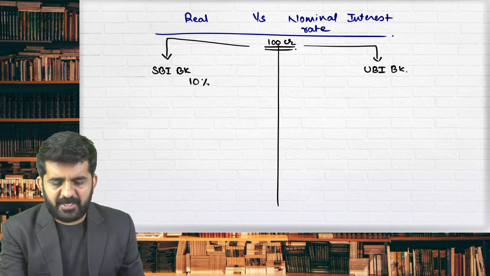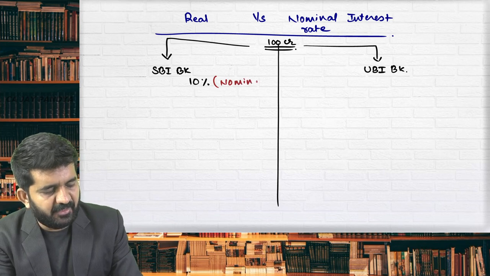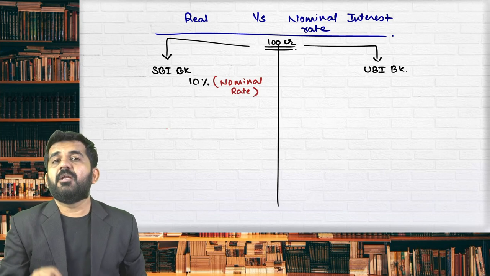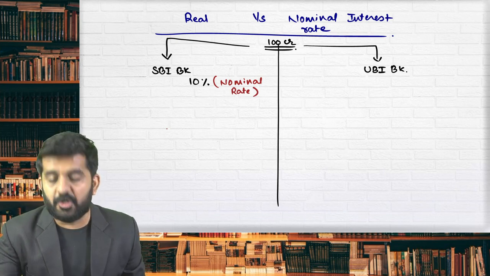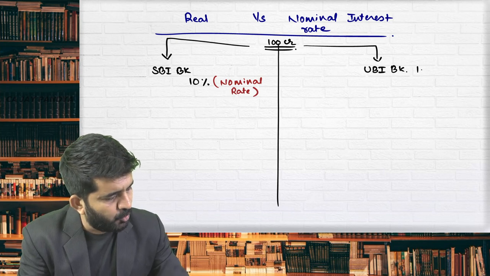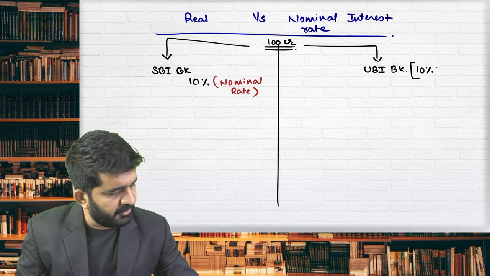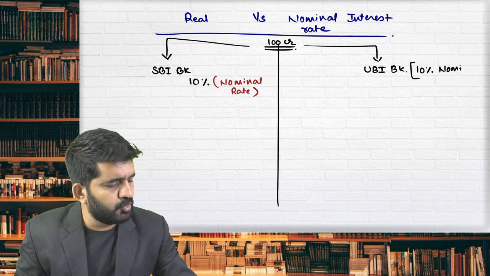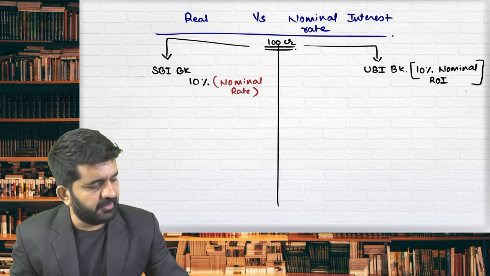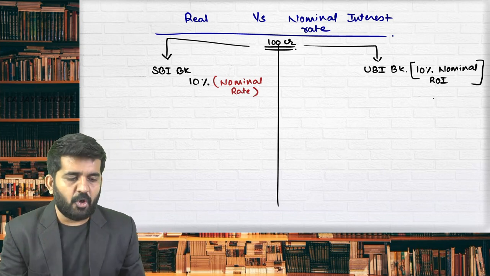I have not explained you, but understand that this is nothing but a nominal rate. And by nominal rate, you should never take your decisions, because UBI Bank is also giving you 10% rate of interest, and this is also nothing but a nominal rate of interest. As I told you, you should never take a decision based upon nominal rate of interest.